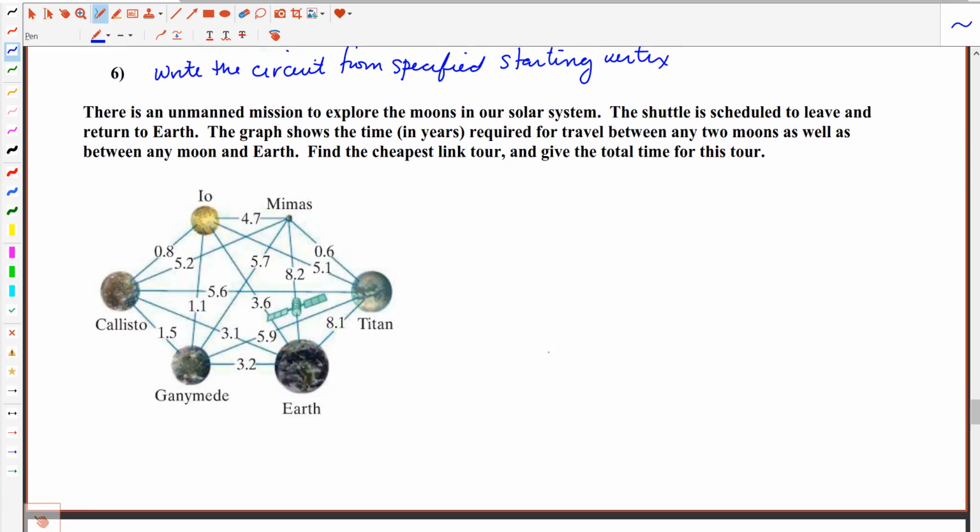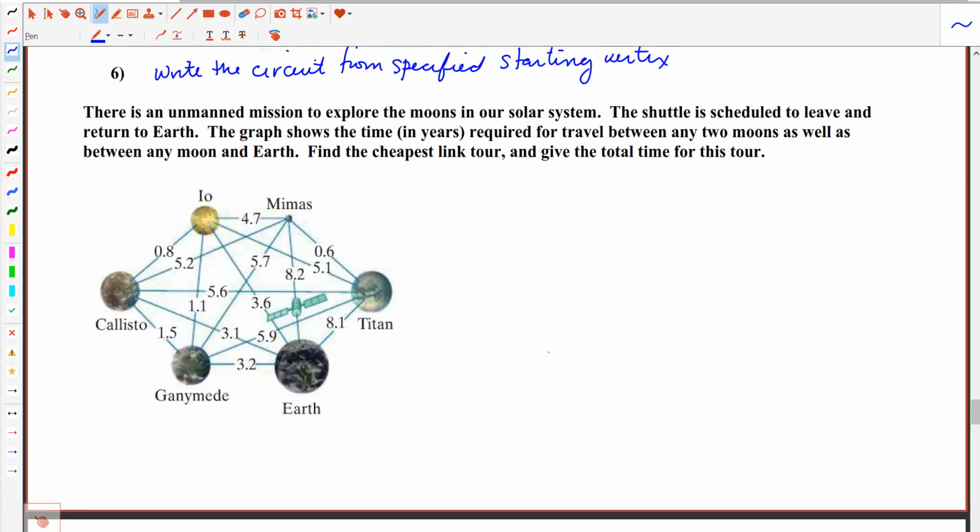Now the next lowest number after that would be this 3.2, but that one's going to be a problem, because if I were to grab it, I would create this little circuit right here. So I'm not going to be able to grab that one. Next lowest number after 3.2, looks like this 4.7, oh nope, actually this 3.6 right here.